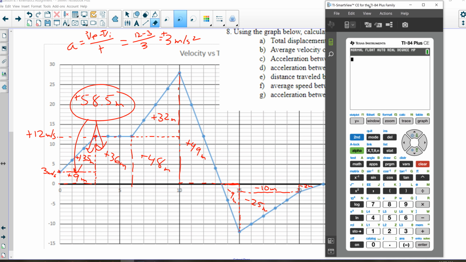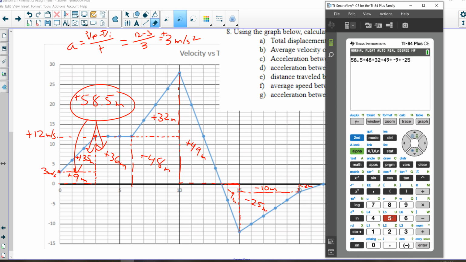Put the calculator there. Okay, so we'll have our 58.5 plus 48 plus 32 plus 49 plus negative 9 plus negative 25 plus negative 10 plus negative 2.